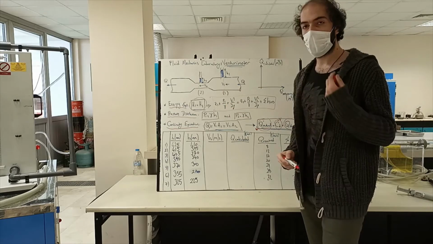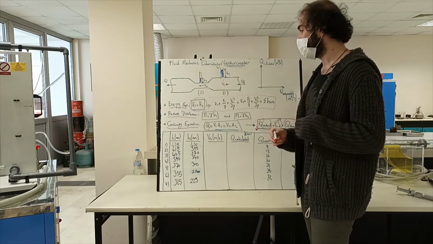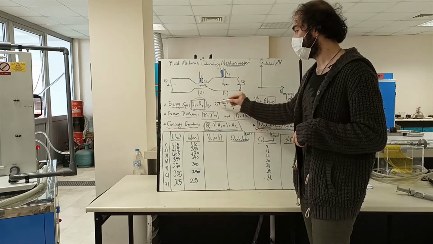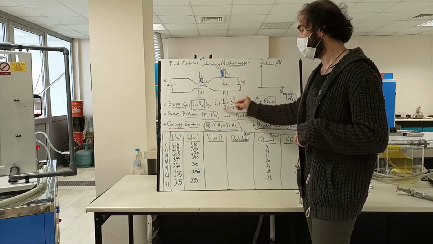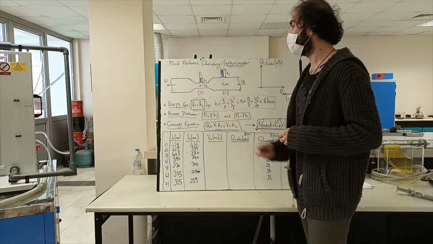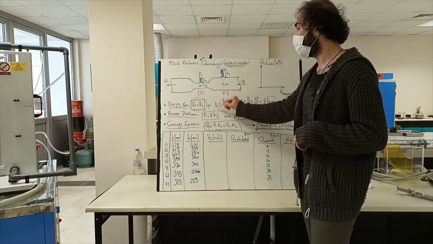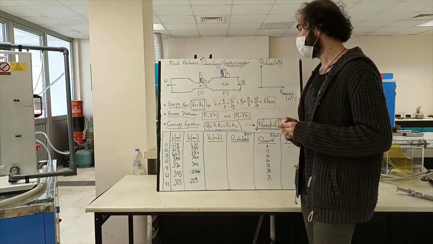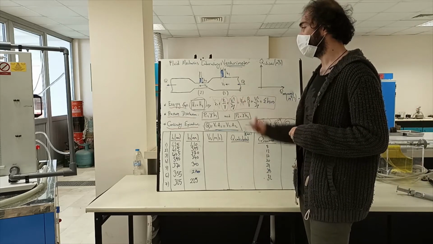Here we used a horizontal Venturimeter. As you know, these are the elevation heads, the pressure heads, and the velocity heads. Since we use a horizontal Venturimeter, we can cancel the elevation terms out and only have pressure and velocity.